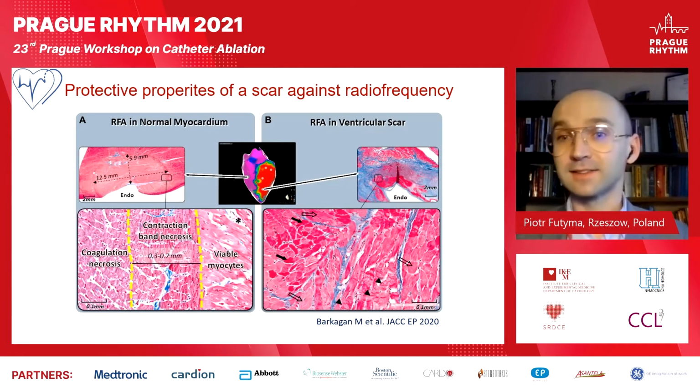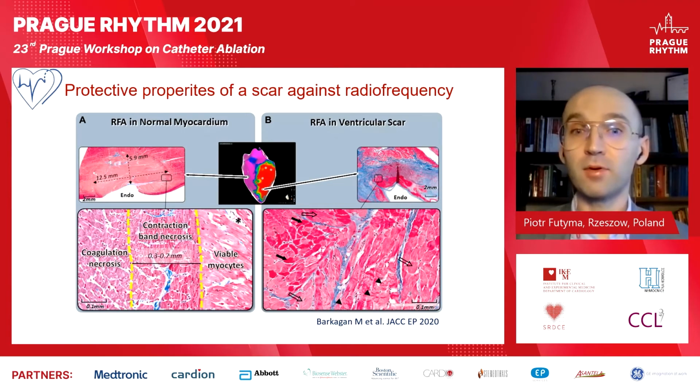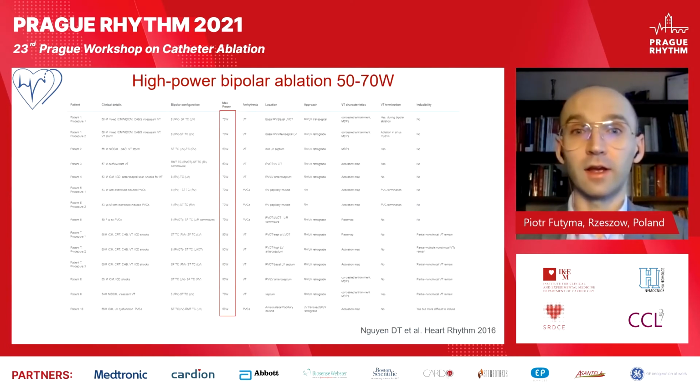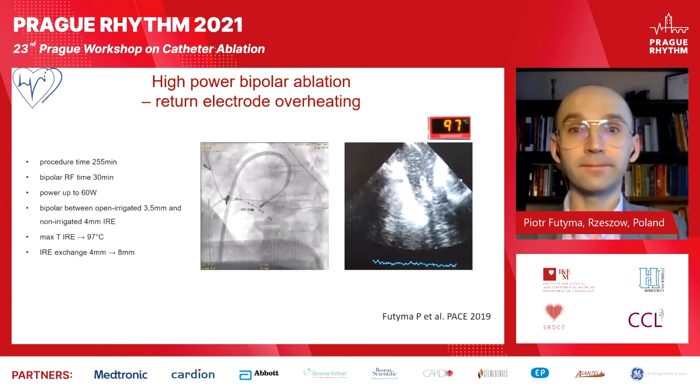So it acts as a kind of protection against steam pops, but this will mean that sometimes we'll require higher powers to deliver enough energy. Here is an example from Professor Sauer's group. They operated at levels between 50 and 70 watts in their study. They did not experience any complication related with bipolar energy delivery.